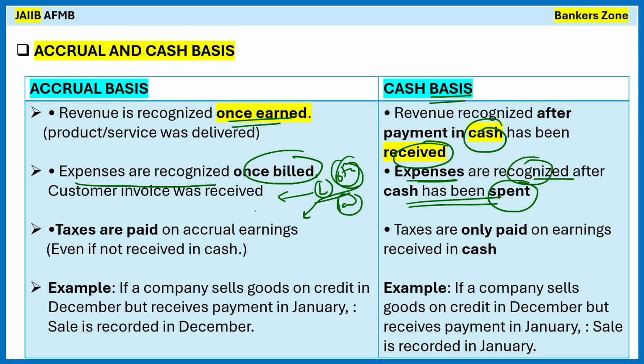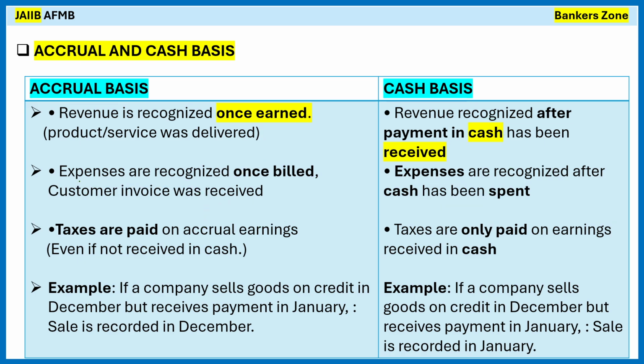On the same day you will mark it as payable. Whatever expenses you have to recognize once billed, means once you receive the bill, you have to keep it separately in accounts payable for the future.